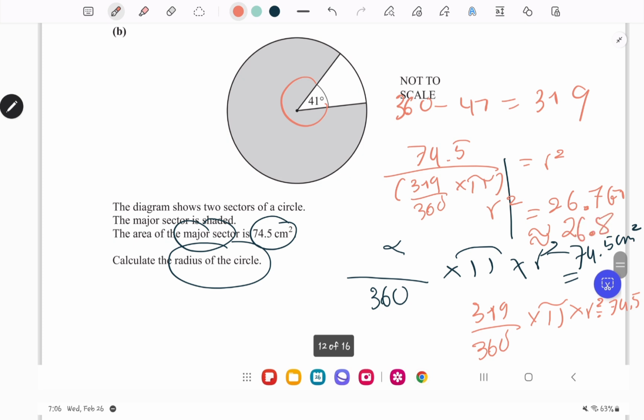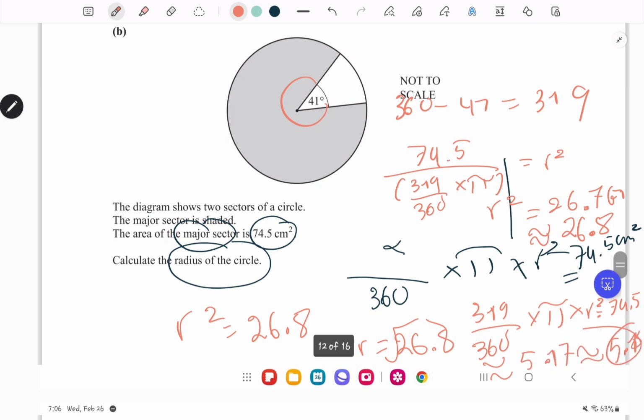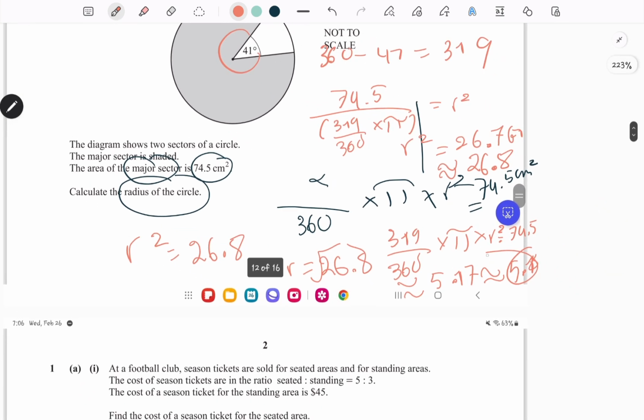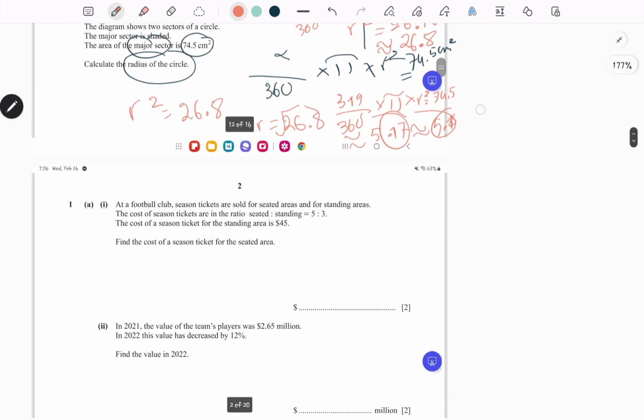So then radius squared is equal to 26.8. We'll do radius is equal to radical 26.8. So on the calculator, radical 26.8, you are going to get an answer that is approximately 5.17 or even closer 5.18. So either of these answers would work.